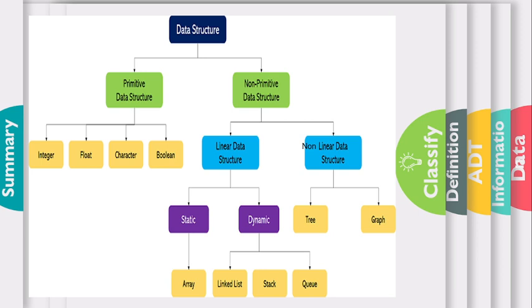In static, an array is used, and in dynamic, a linked list, stack, and queue are used. And similarly, in non-linear data structures, tree and graph are contained.